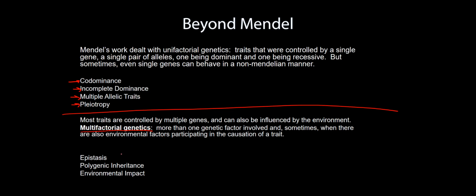So we'll talk about the concept of polygenic inheritance, or multiple genes controlling a single trait, right? So that would be one trait controlled by many genes. And we'll talk about epistasis, which is when one gene controls another gene. And then of course there's environmental impacts, and we'll talk about that too.